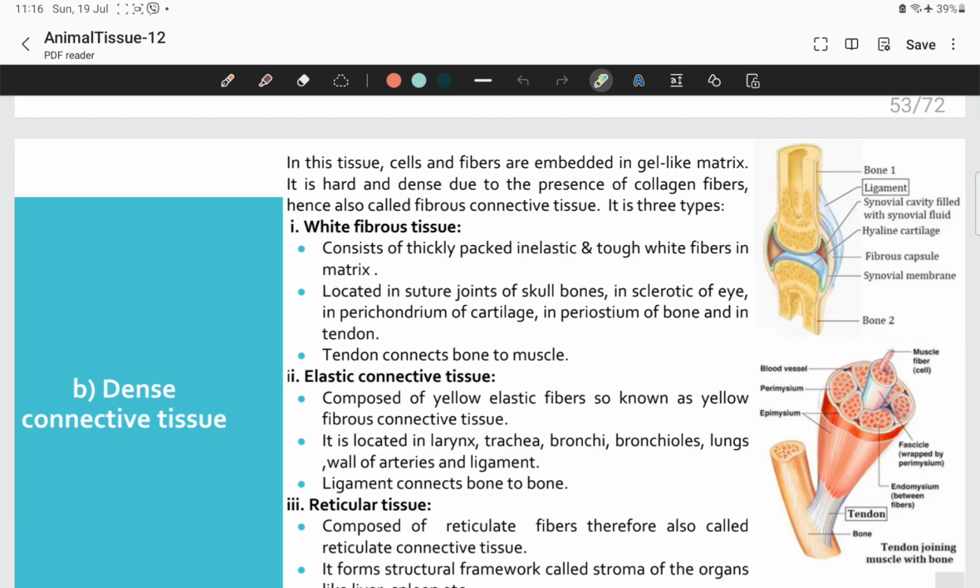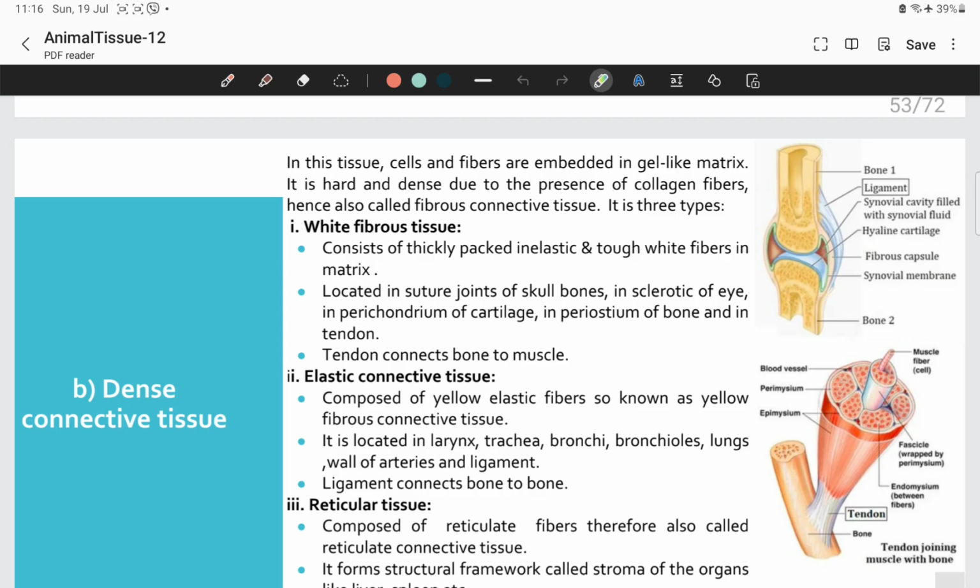So it is composed of thickly packed, inelastic and tough white fiber, that is collagen fiber, and it is located in the suture joints of skull bones. Our skull has small bones, and those bones are joined together by such fibrous tissue.